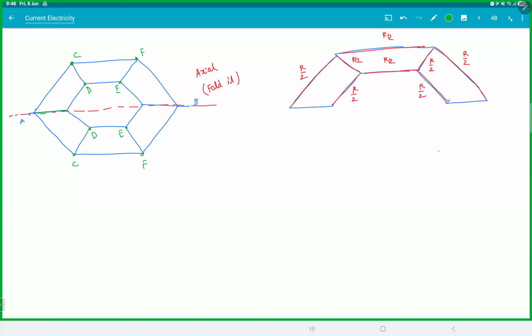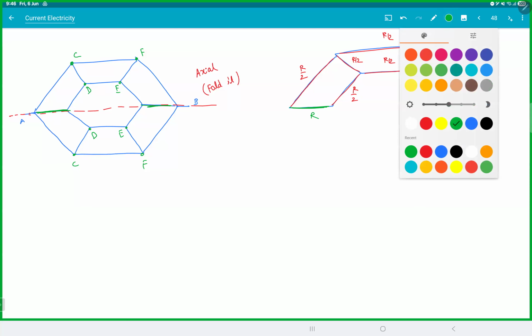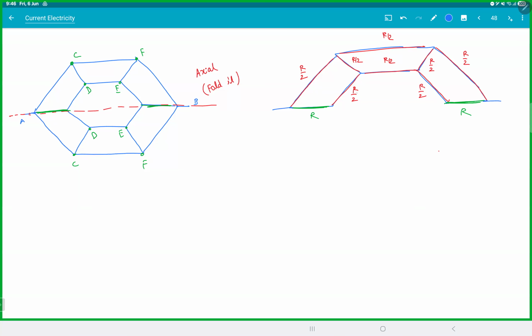These two guys here are not folding with anyone else. So these things will still remain R. Got it? So they are not falling on anyone else. So if you simplify, these two are in series, isn't it? R and R by 2 are in series. So if I redraw the circuit, this is how it looks.